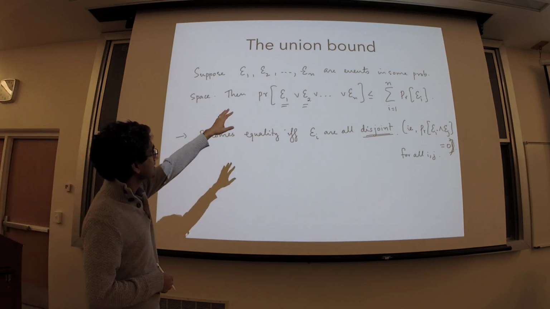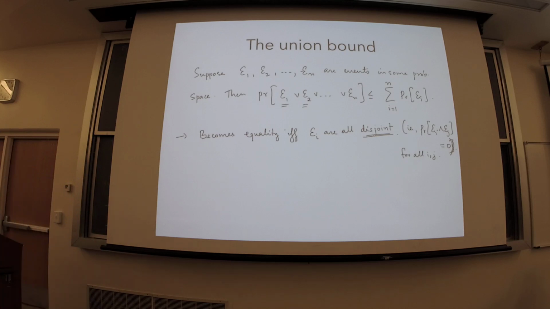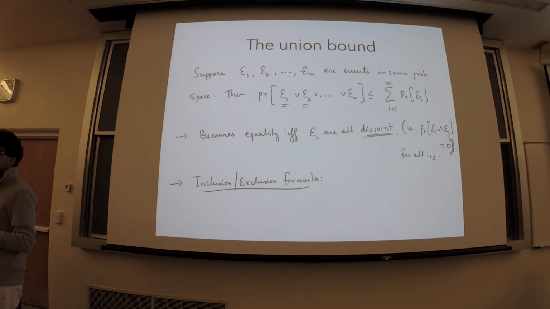In fact, this kind of thing is part of a more general formula called the inclusion-exclusion formula, which holds for any events, and it's an equality. Let me write it for n equals 3.